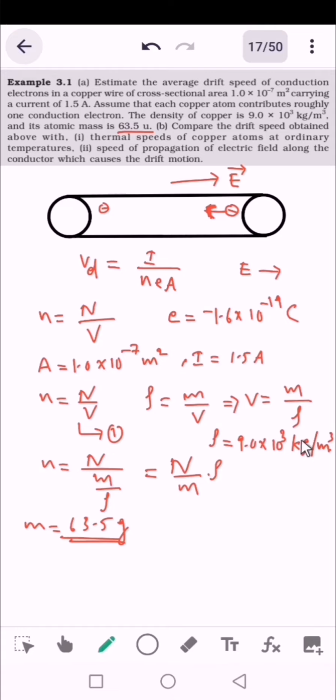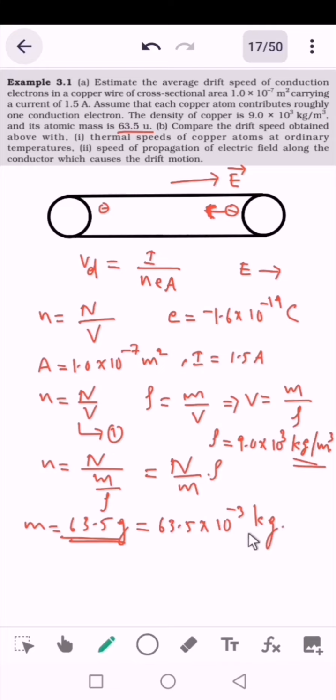Here you can see density is expressed in kilogram per meter cube, so this is the SI unit. Now, what we got in place of mass is in gram, so we need to convert it into kilogram. How can we convert it? 63.5 into 10 to the power minus 3 kilogram.